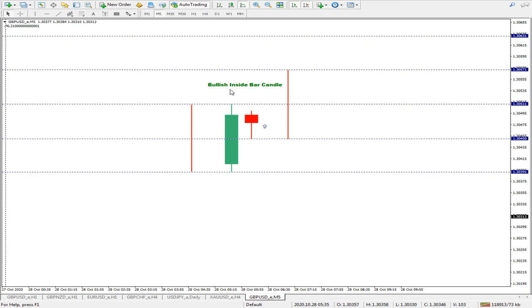So the next candle I want us to look at is the bearish inside bar candle. So the bearish inside bar candle is exactly opposite the candle we've just looked at. Bearish, we'll write that down, bearish. So bearish is opposite, which means this candle we are seeing as green needs to be red.